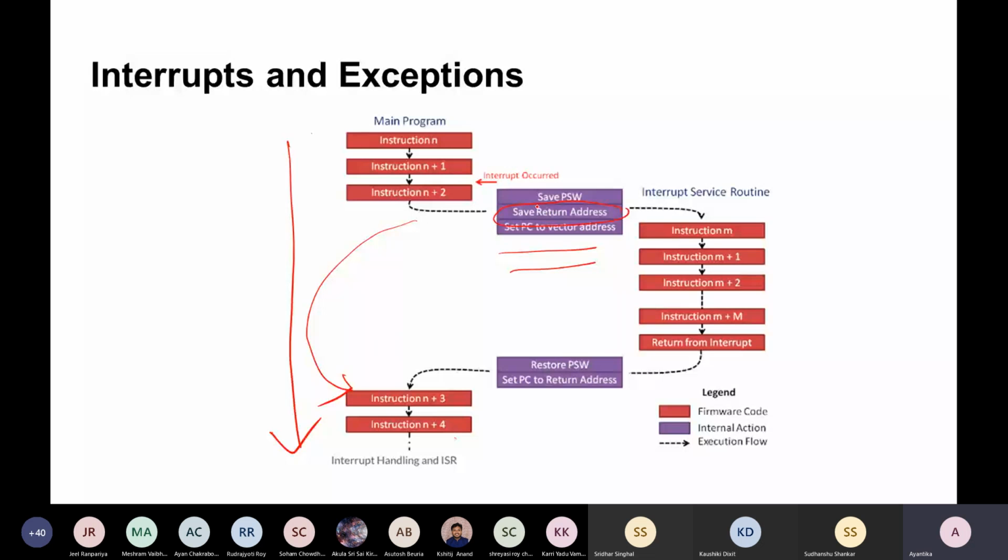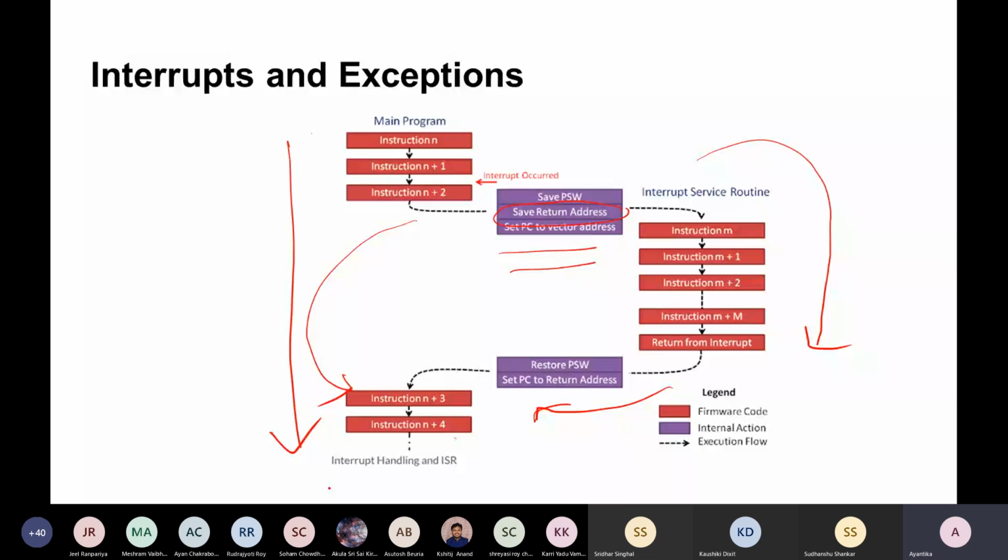After that, you have to run a routine, a set of instructions that your processor will execute, that will complete the steps to handle the interrupt. Then you will restore your program status word, check your return address, and complete your instruction execution. That is how interrupts or exceptions are handled.